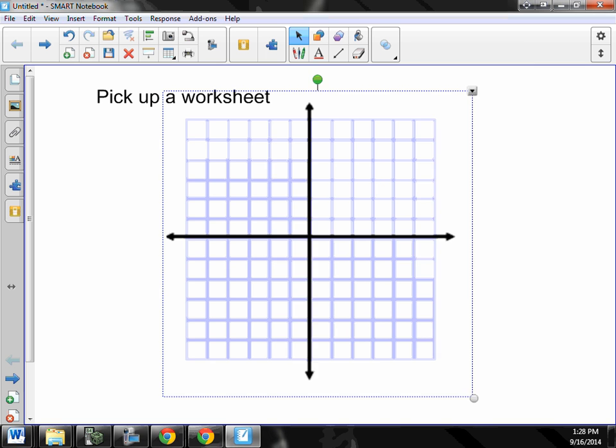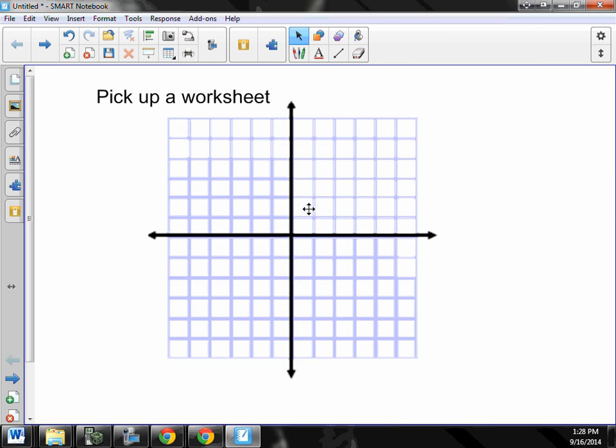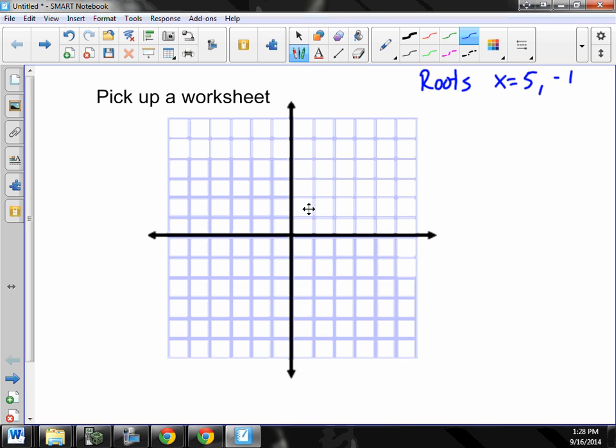So let's say that I have a quadratic and I know that the roots are x equals 5 and negative 1. Okay? So 1, 2, 3, 4, 5 and negative 1.